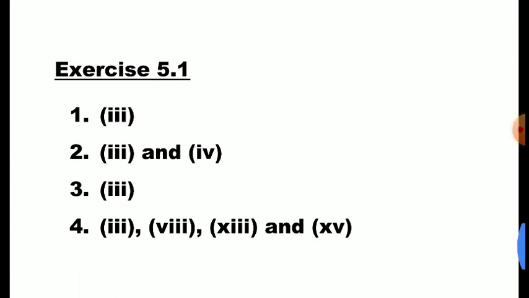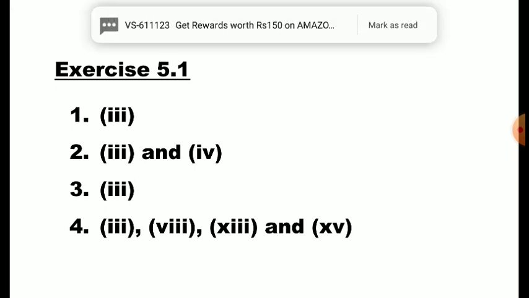The homework from this exercise 5.1 are: number 1 Roman 3, number 2 Roman 3 and Roman 4, number 3 Roman 3, number 4 Roman 3, Roman 8, Roman 13 and Roman 15. Since the space on the screen is very limited, I only put the number of the question of this exercise. I think you can easily find the questions from the textbook.